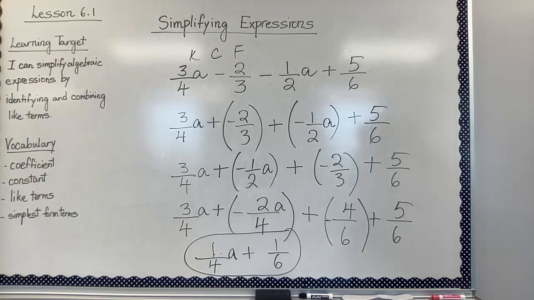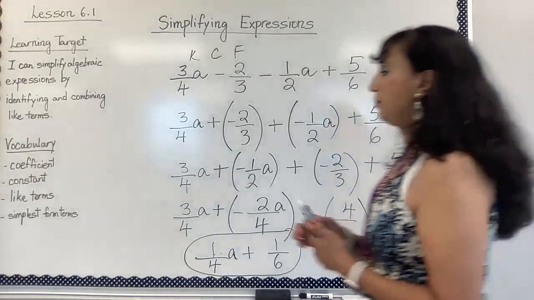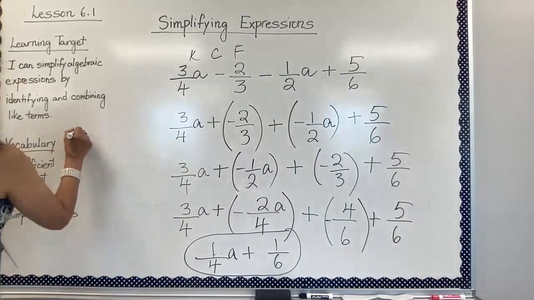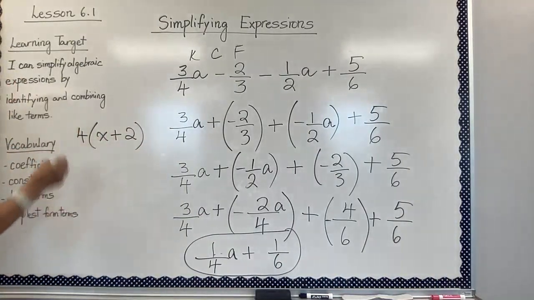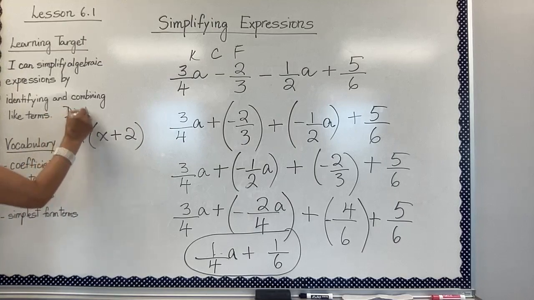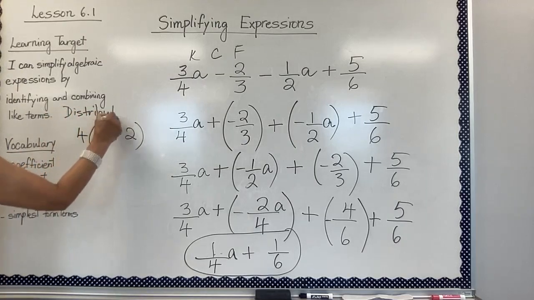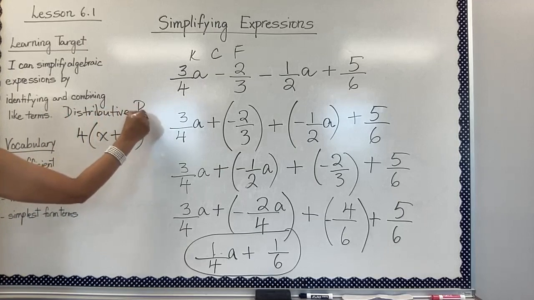Okay. So for example, if I have something like 4 times (x plus 2), and I'm talking about the distributive property, what am I doing?